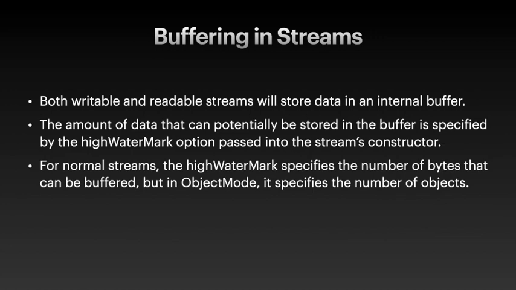It's not a limit. It tries to stop the data from approaching this threshold, just so we don't run into problems. For normal streams, the high watermark specifies the number of bytes that can be buffered. In object mode, it defines the number of objects.